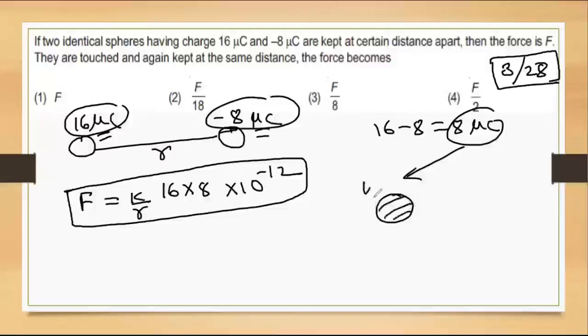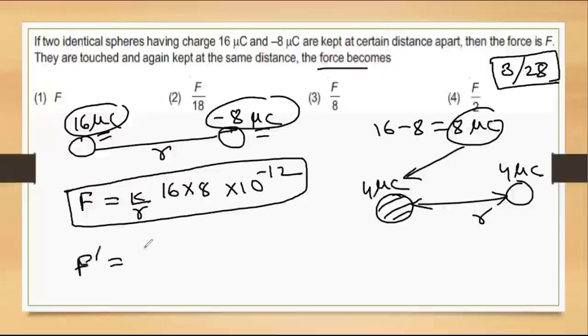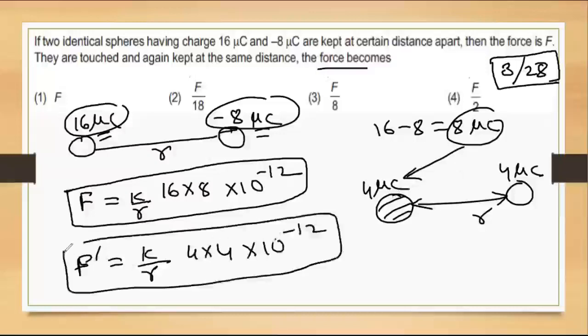So this will be 4 microcoulomb and this will also be 4 microcoulomb. Then what is the force between them? Say it is F dash. That formula will be K by R squared into 4 into 4 into 10 power minus 6, 10 power minus 6, 10 power minus 12. So this is the F dash.